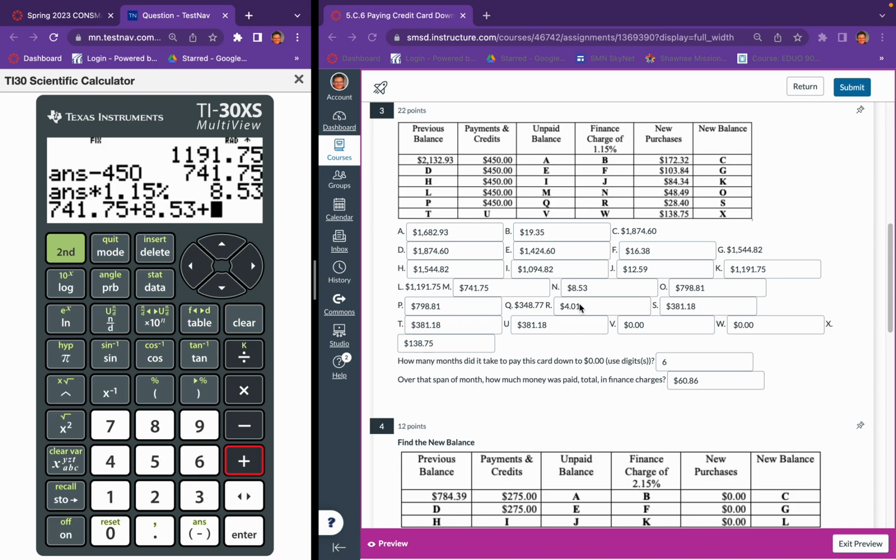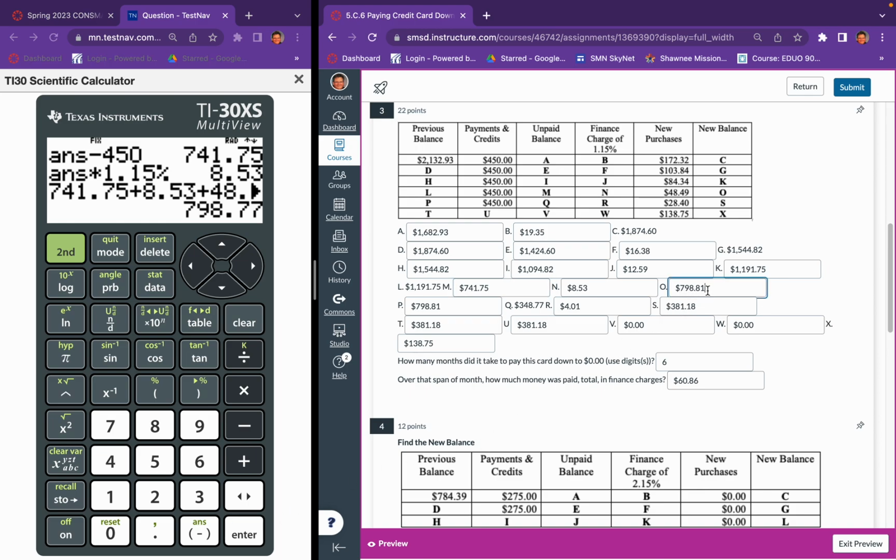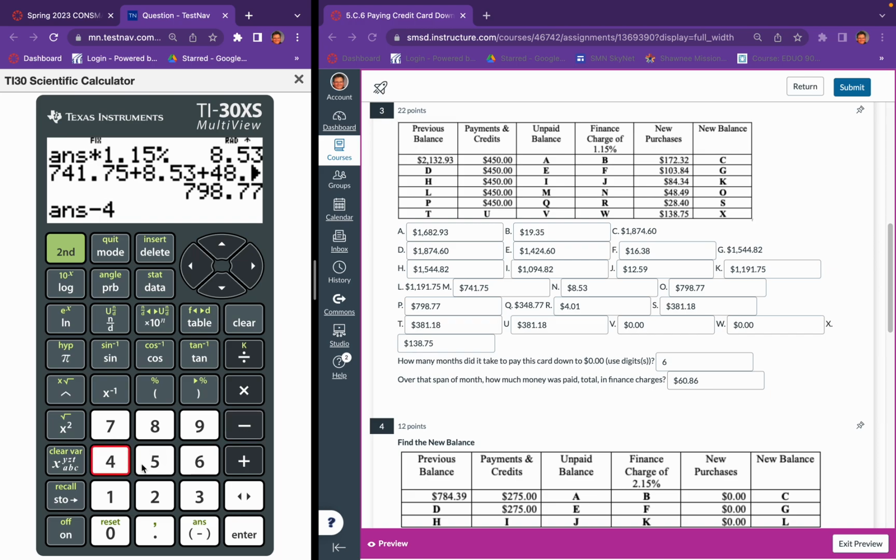And add that. 8.53 was N. 48.49. And get 798.77. And so this should be 798.77. And then we're going to subtract 450, which gets us 348.77.